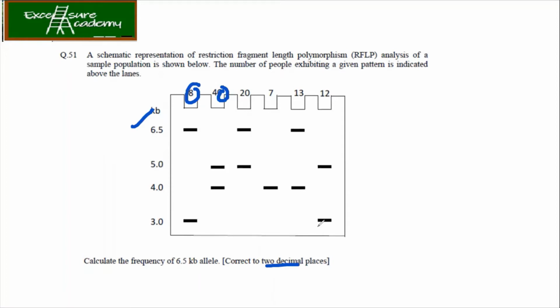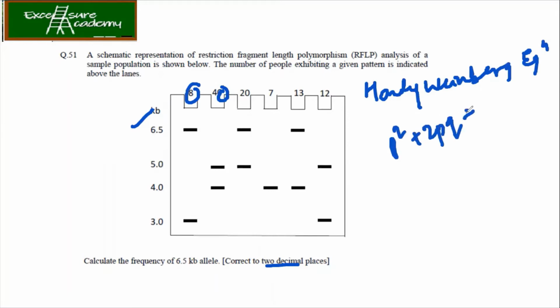Now this is very simple if you know something about Hardy-Weinberg equilibrium. That says that p square plus 2pq plus q square is equal to 1, or p plus q is equal to 1, right? Where p and q are the frequencies of the dominant and recessive alleles.